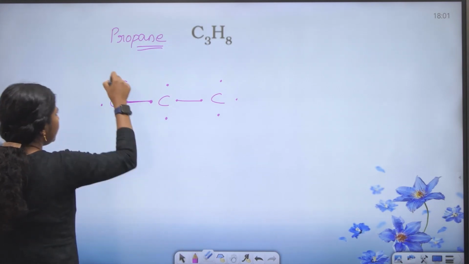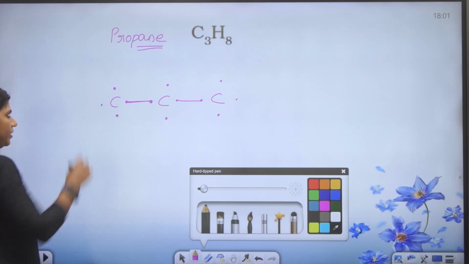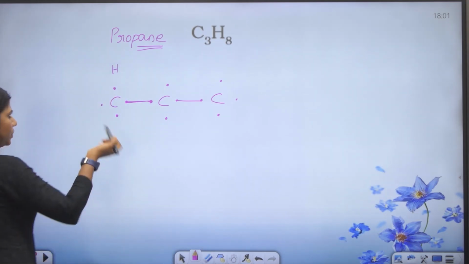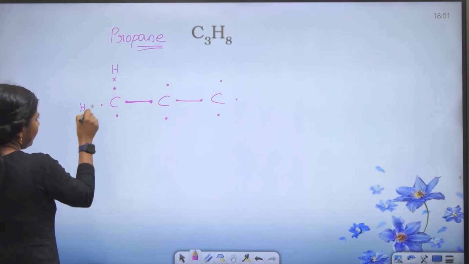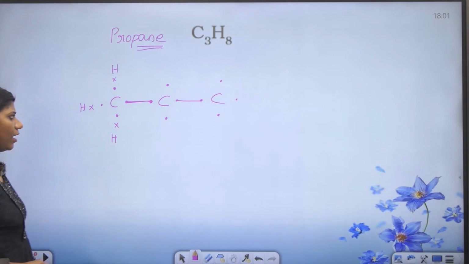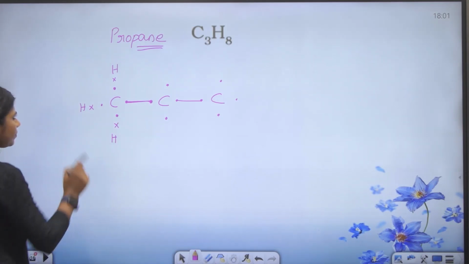These valencies are satisfied by hydrogen atoms. Total 8 hydrogen atoms are present. 3 hydrogen atoms combine with the first carbon atom to complete its octet.